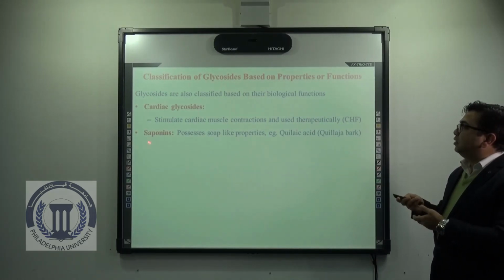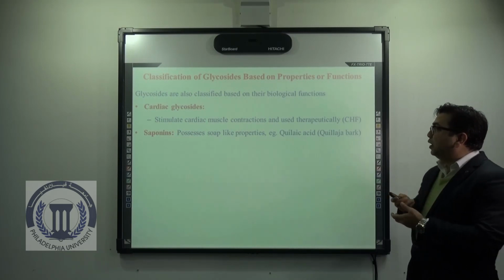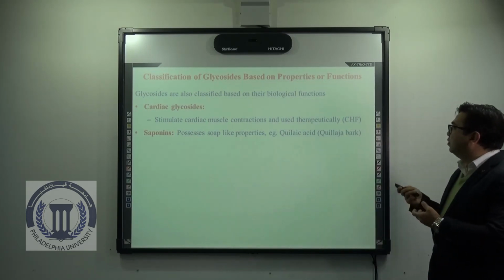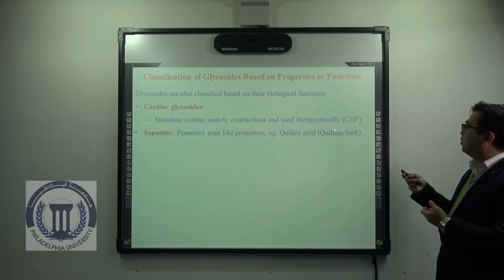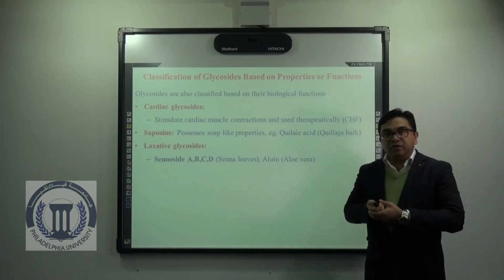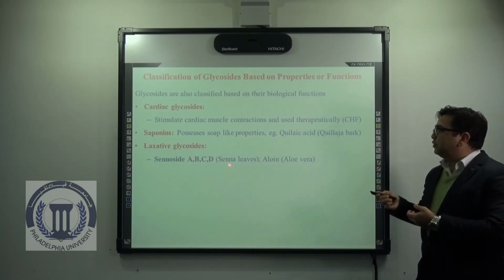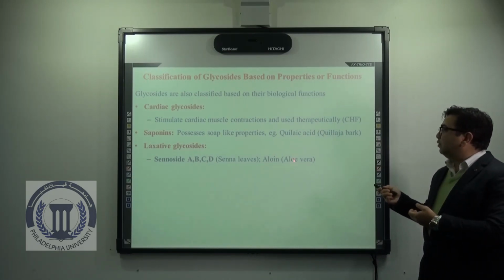Second class, we call them saponin because they possess soap-like properties. For example, quillaic acid available from the quillaja bark. Third one is laxative glycoside, for example, sennoside A, B, C, D that are available from senna leaves, and aloin available from aloe vera.